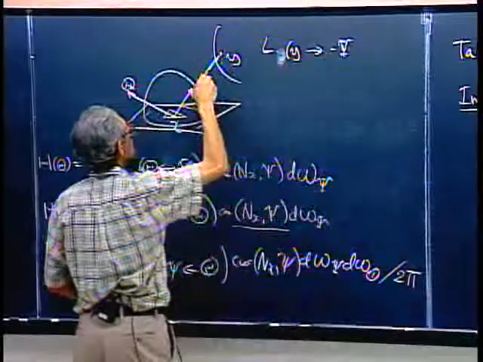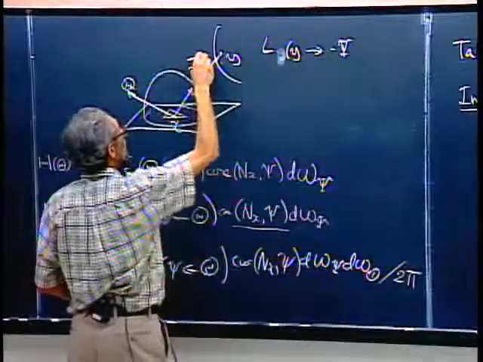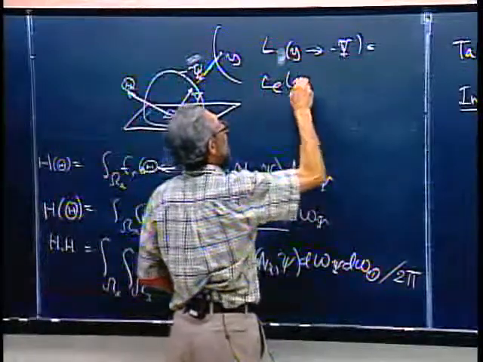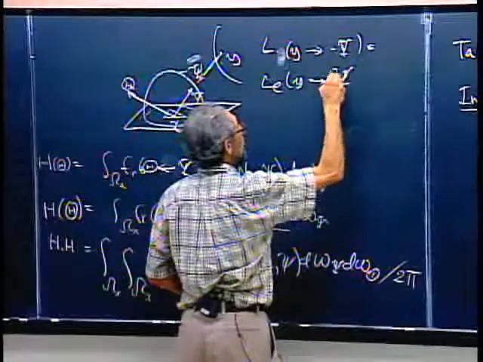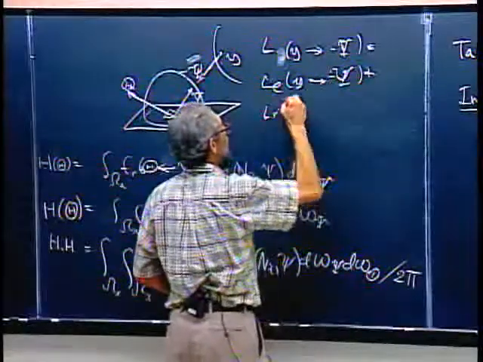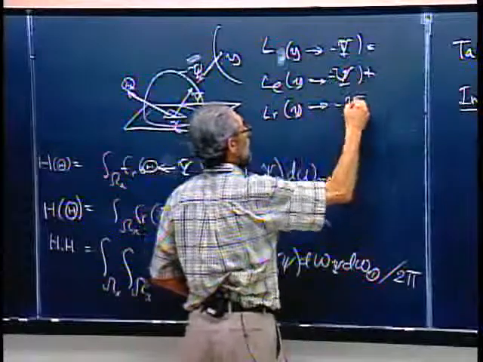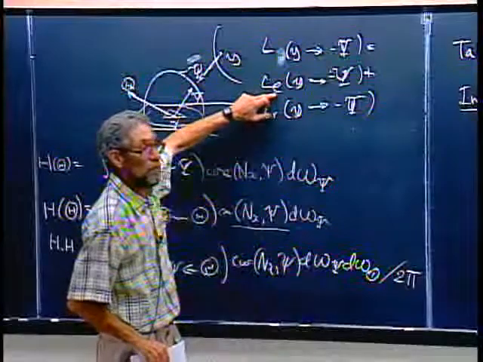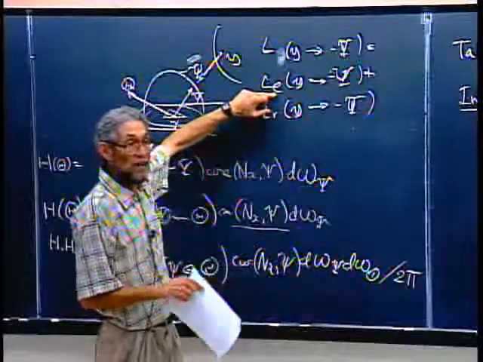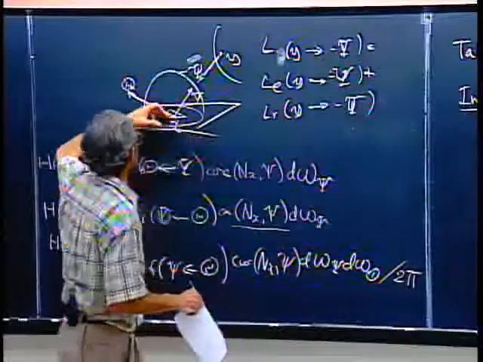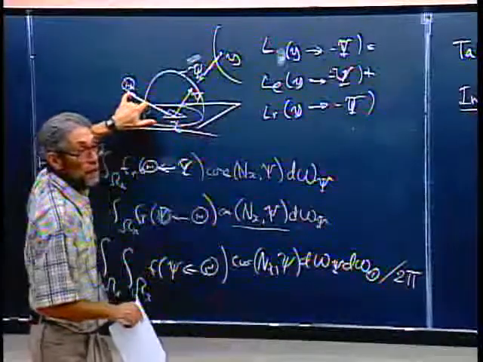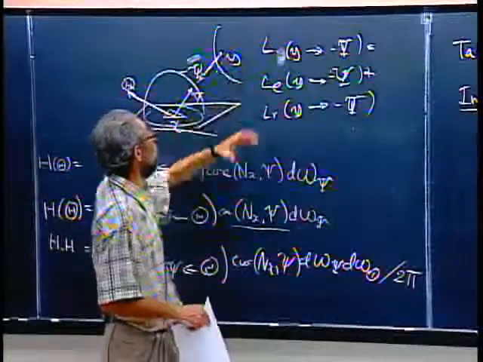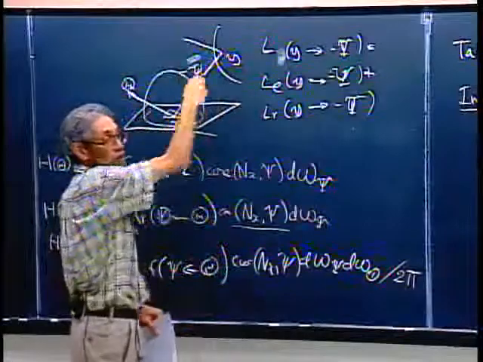Because from this point of view, it's going out in this direction minus psi, is LE for y going in the direction of minus psi plus LR for y going in the direction minus psi. And what we did last time is estimate the light emission for the direct illumination on this surface that we're trying to find out how much light it reflects in direction theta. But now we want to talk about the reflected light from surface y that's coming from all other directions here.